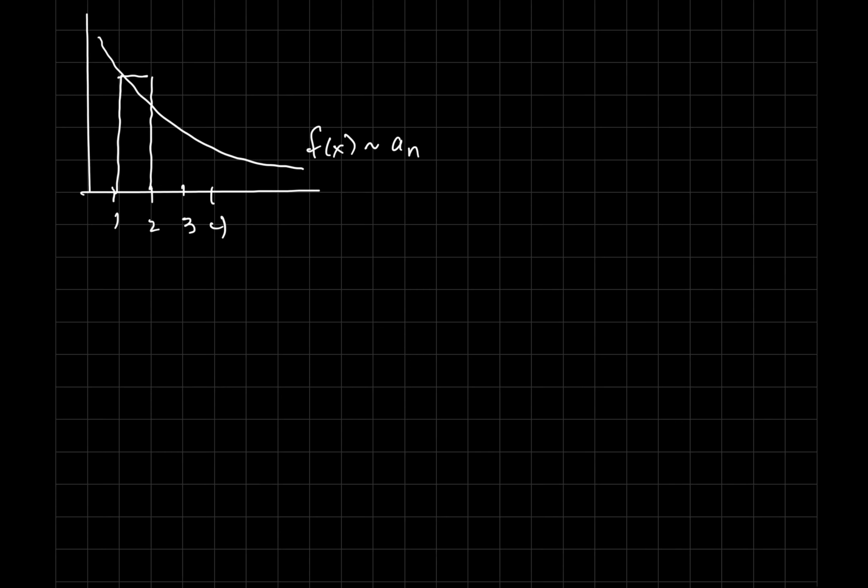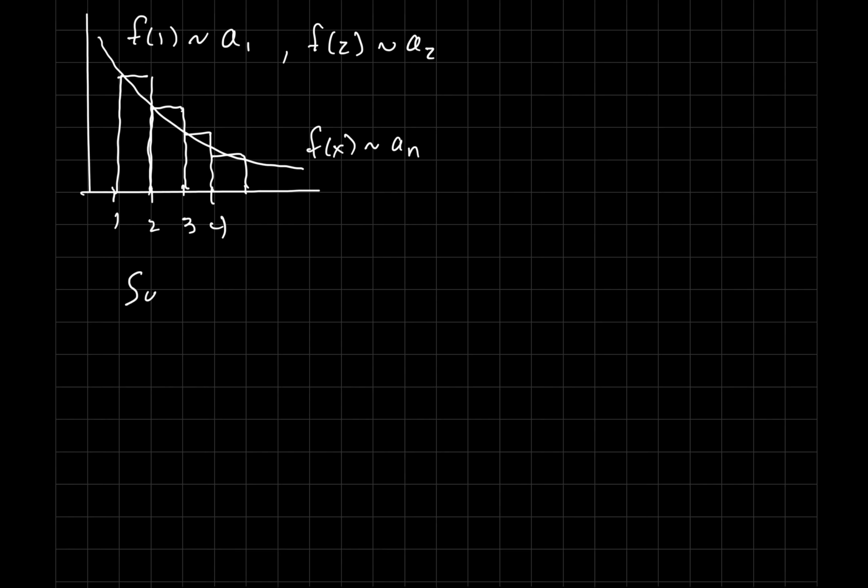So the height of the first rectangle is f of 1, which would correspond to a sub 1. And then the height of my second rectangle is f of 2, which corresponds to a sub 2, etc. And I could continue doing this, but that's good enough to get the idea.